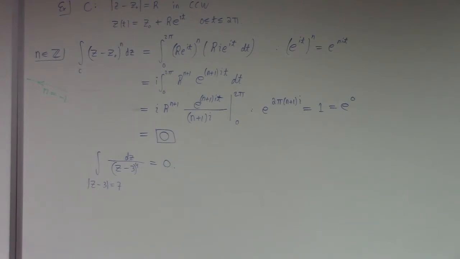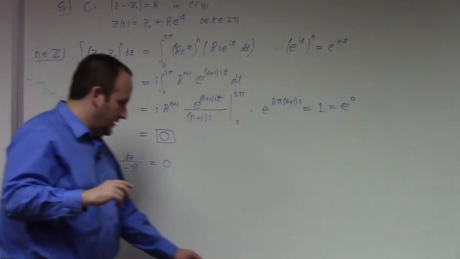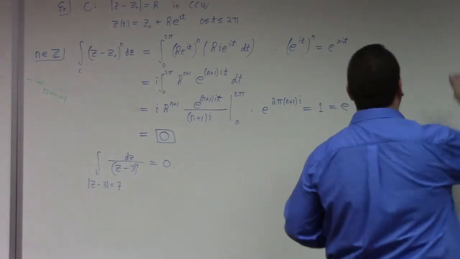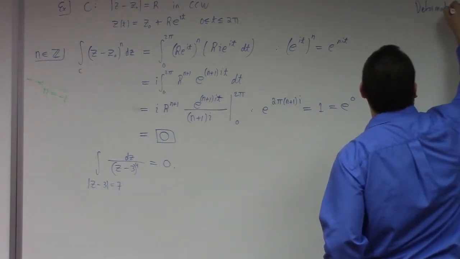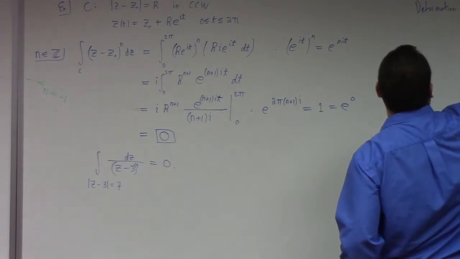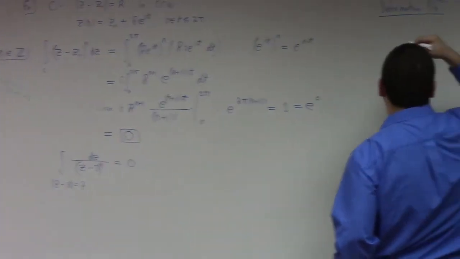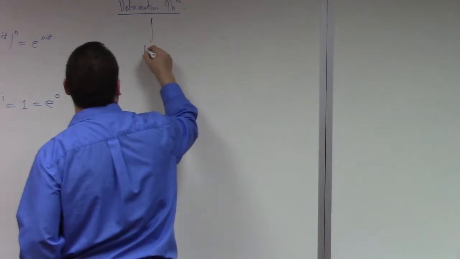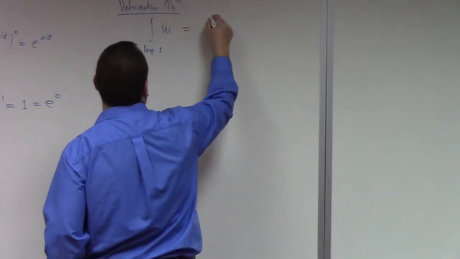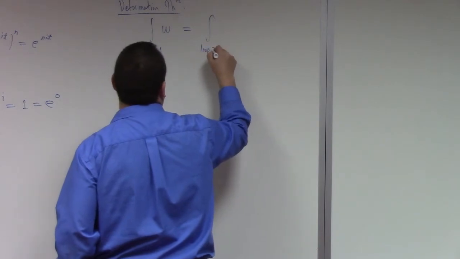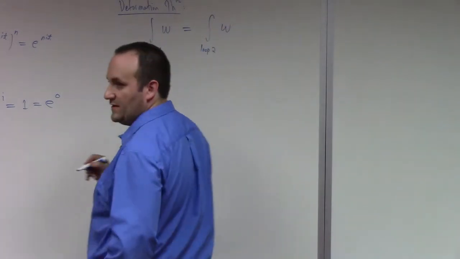Okay, so we can also talk about the deformation theorem here, right? What do we have? If we have the integral along loop 1 of omega equal to the integral along loop 2 of omega, provided what?